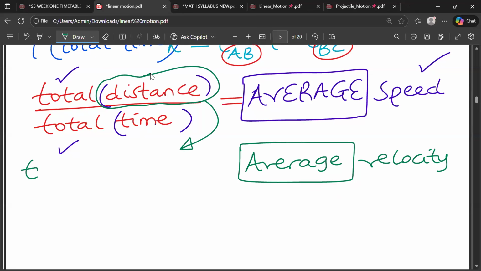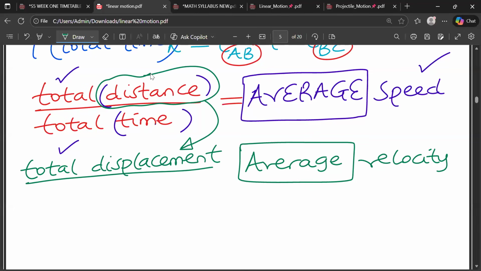So the moment this becomes total displacement, of course time never changes because it is a scalar quantity. East or west, it remains with only size. It will never have direction. So it will be kept as over total time. So this one will give us average velocity.